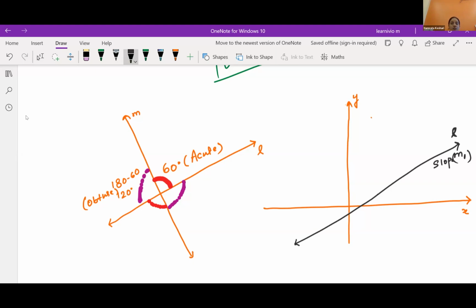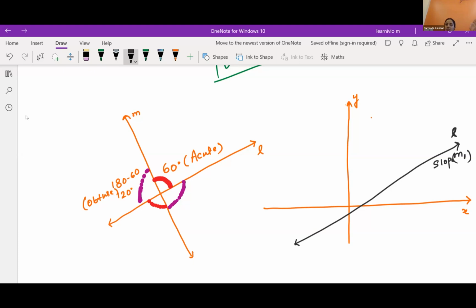Okay, we know slope means how much the line is inclined with the positive direction of x-axis. One more thing we have discussed in the last class, that from the left towards the right we have to check. If we start moving from the left direction and we are moving and moving, and we are checking, if the line is going up and up, that means the slope will be positive.